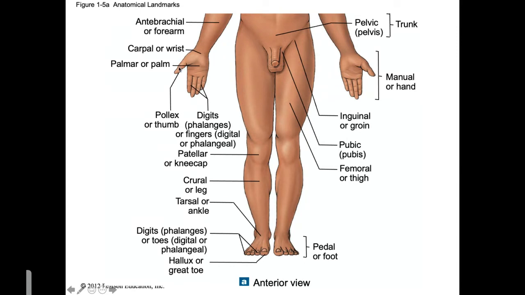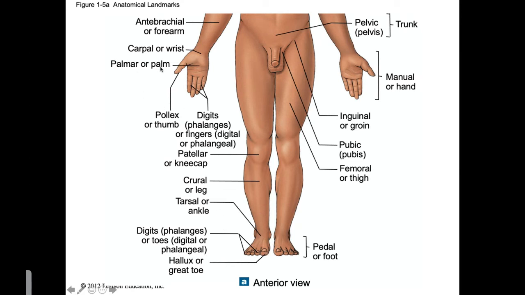The thumb is known as pollex or pollicus. If we look at the foot, the toes are also called phalanges. The great toe is hallux, or hallicus. So the thumb is pollex, the toe is hallux.